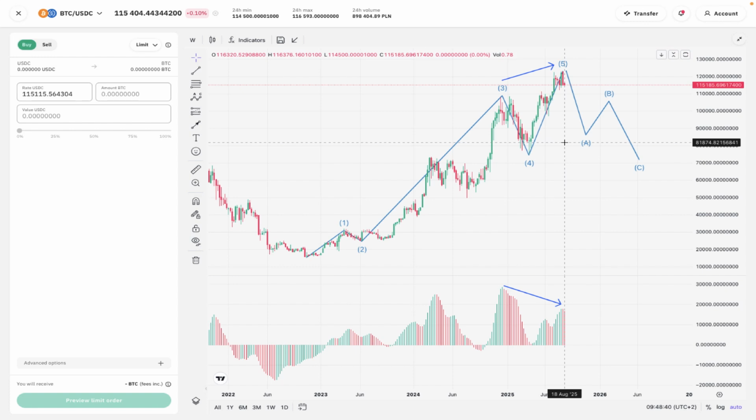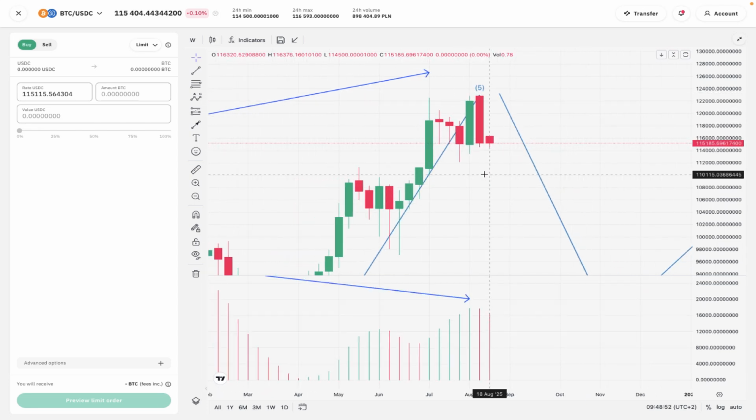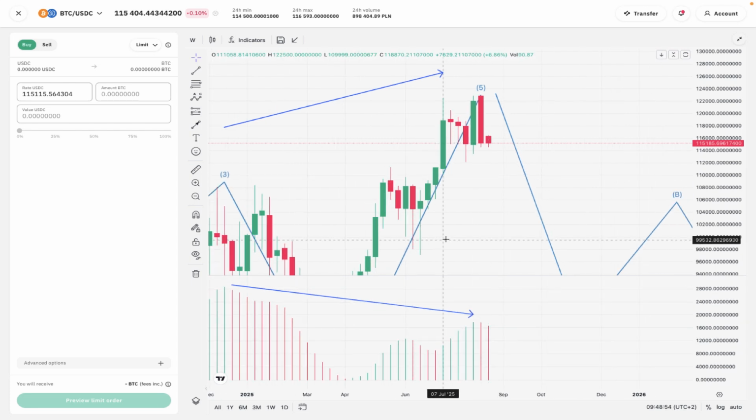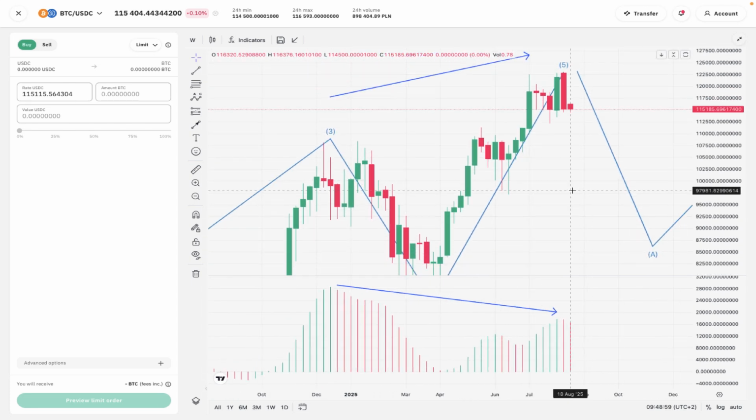And the third situation here, and that's pure price action candlestick patterns, is that if you take a look here, you have a weekly bearish engulfing pattern, which is quite rare to see on these large time frames, but it's very possible, and statistically possible as well.